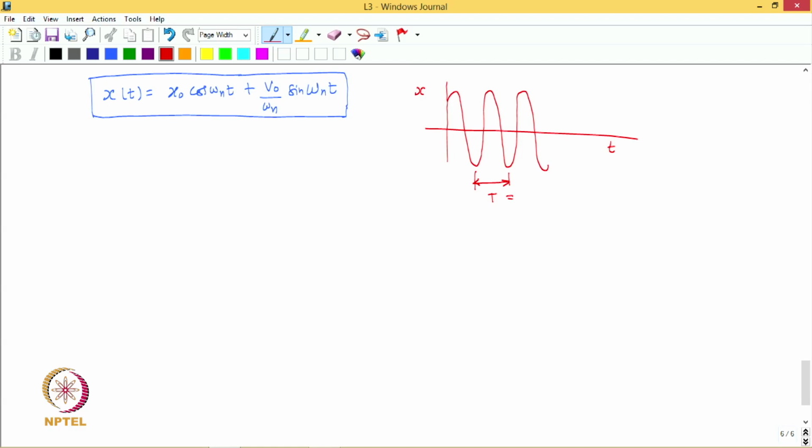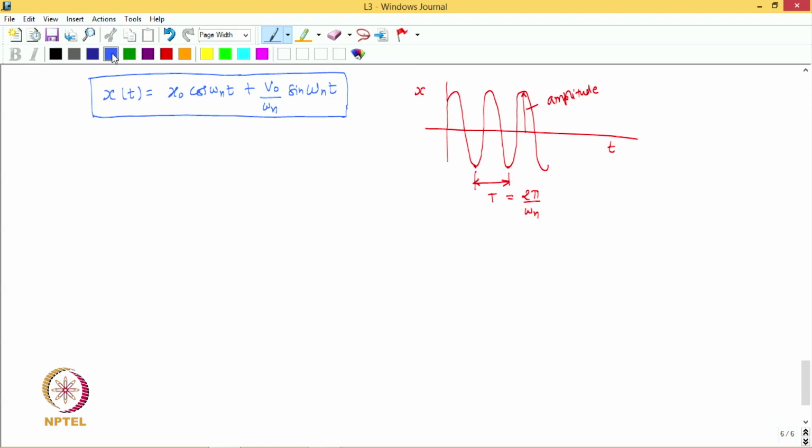If I treat this as the initial point, then this cycle is completed at this instant, and hence this is the time period, equal to 2 pi upon omega n, and this is the amplitude of the motion.